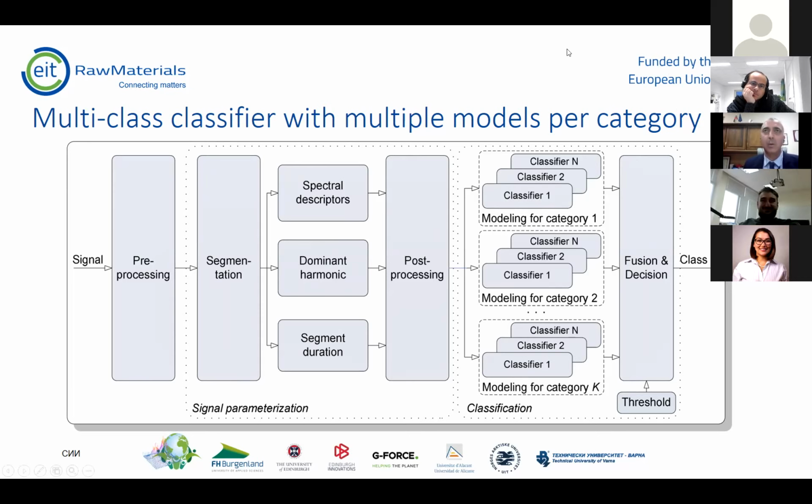And this multiple models per category is useful when we have to recognize a group of objects. Let's say birds. I can do this with one single model for birds, but there are small birds, hummingbirds, large birds, and parrots, and very different kinds of birds.